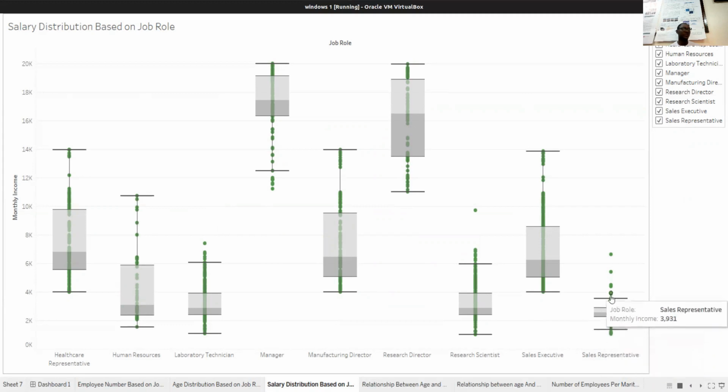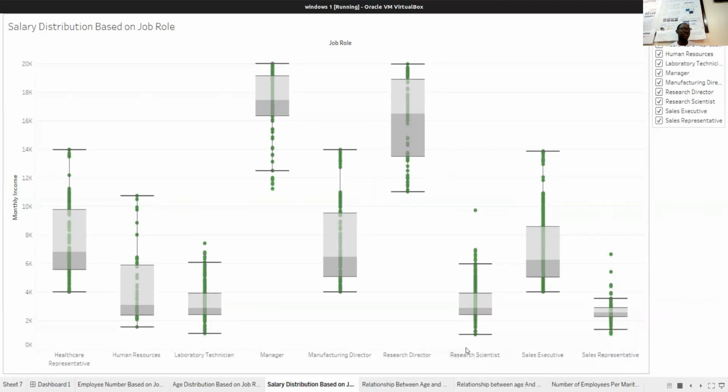We do have a few outliers, both those that earn extremely high compared to the normal distribution, and those that earn extremely low. Maybe this could be explained by the fact that sales representatives are usually paid depending on how many sales they make. So that could be an argument for this.